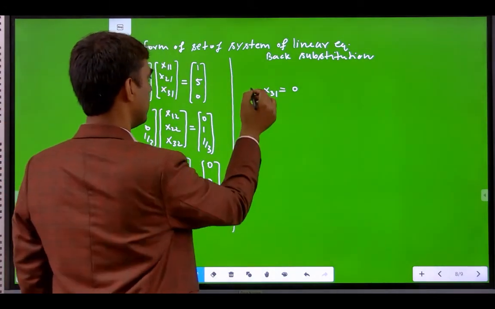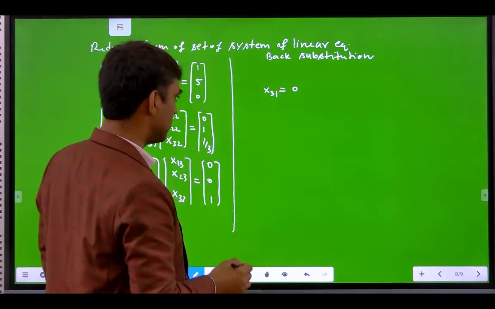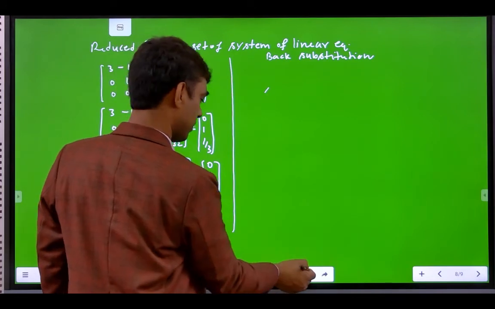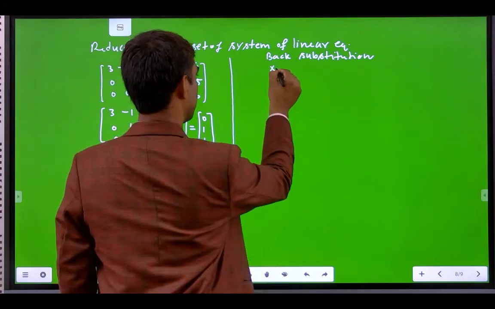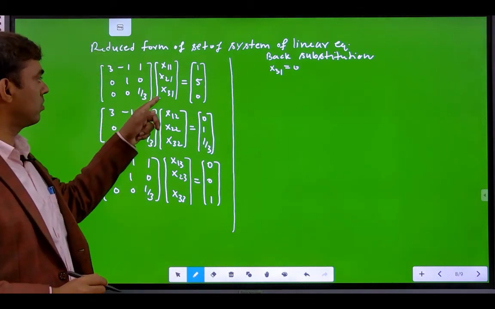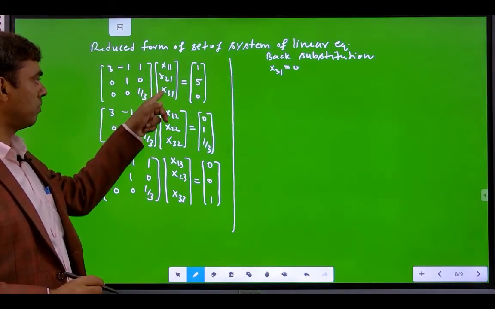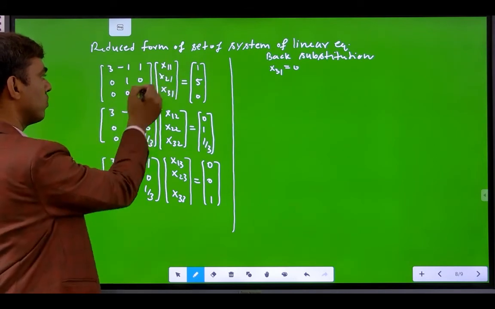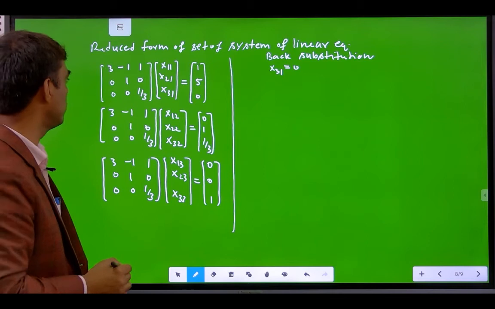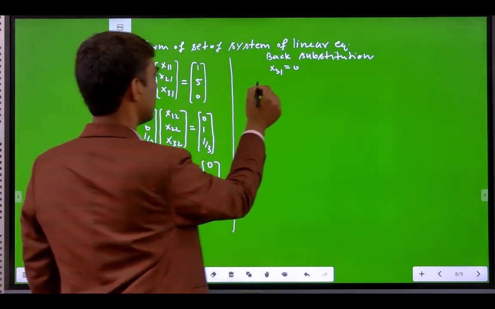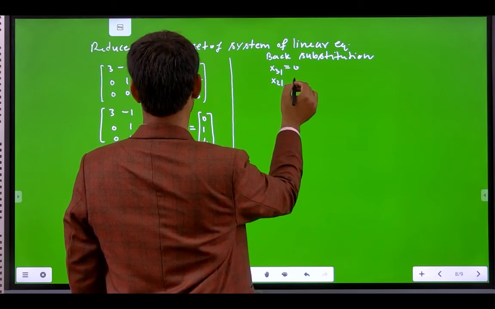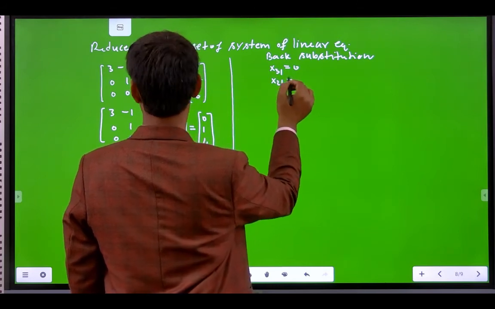Rather than writing x31 here, we write x31 equal to 0, because the third row times this column vector gives 0 into x11, 0 into x21, 1 by 3 into x31, so x31 equals 0. Second row by this column, then the value of x21 equals 5.